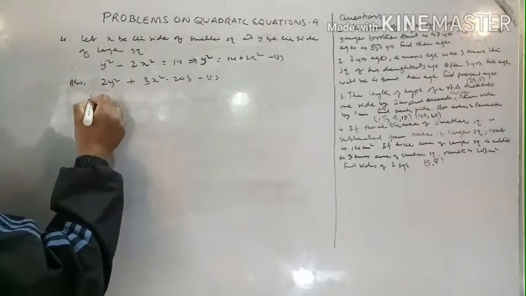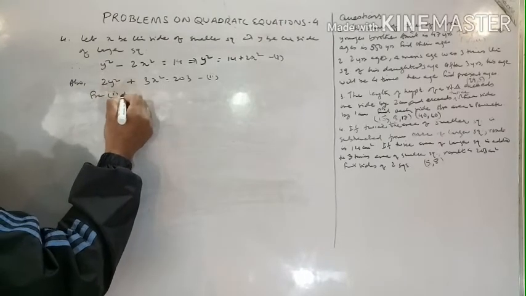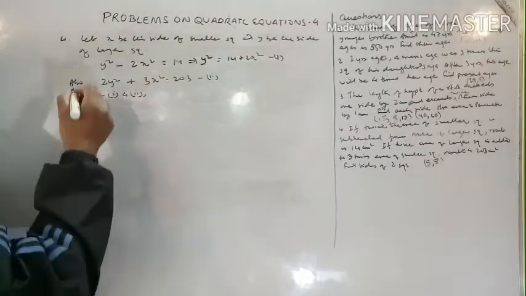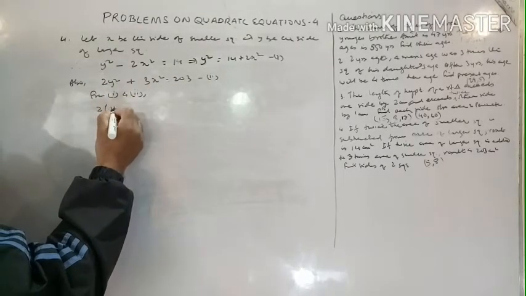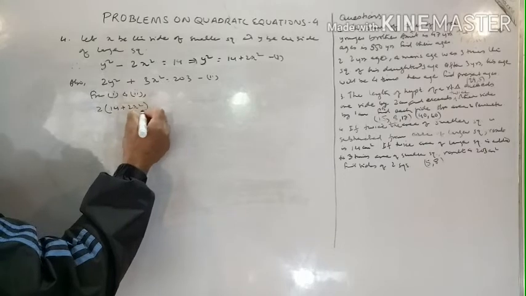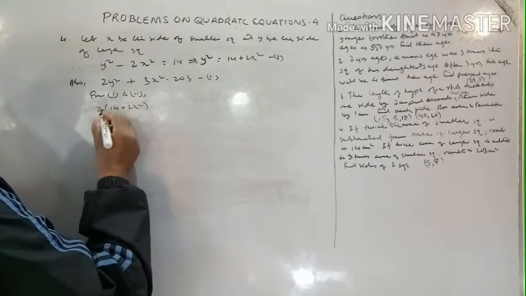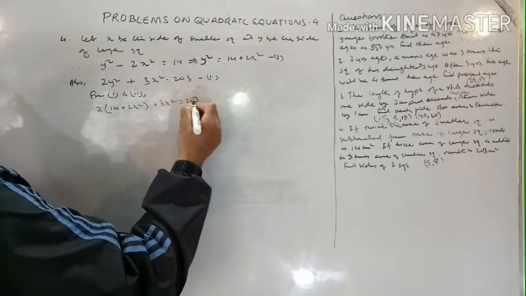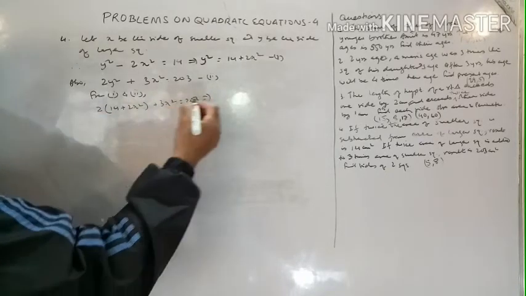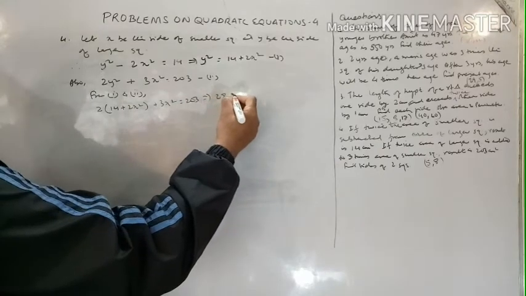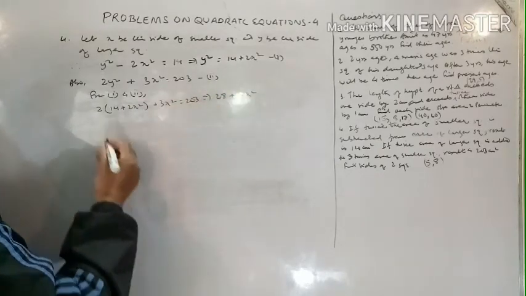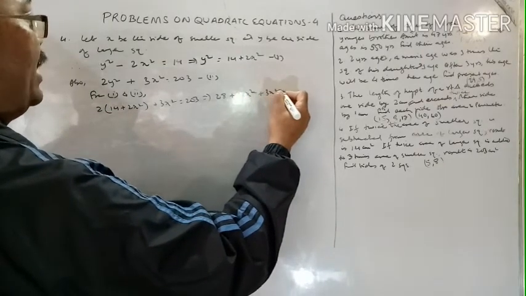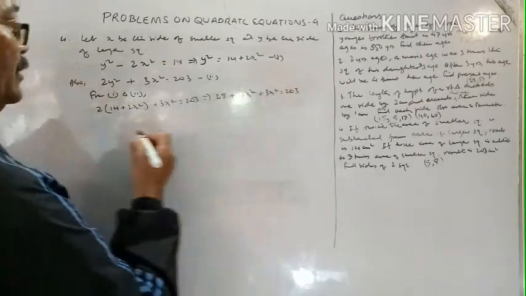Now from 1 and 2, we put the value of y square in equation 2. So we get 2 into 14 plus 2x square, that is 2y square plus 3x square is equal to 203. If you open the bracket, 28 plus 4x square plus 3x square is equal to 203.